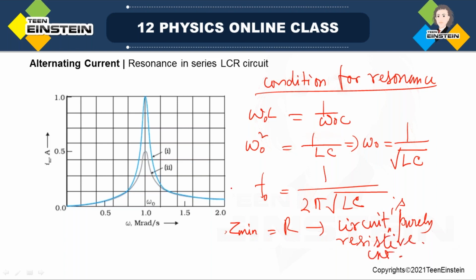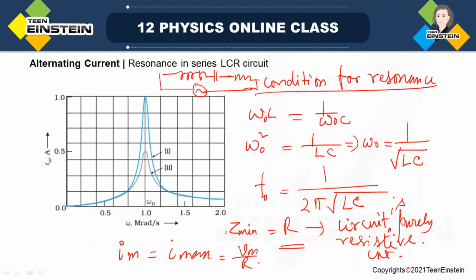That means the whole power is dissipated across the resistor only, even if you have L, C and R. At resonance condition the circuit becomes a purely resistive circuit, and at resonance condition only, the current will be maximum. So that is Vm by R.